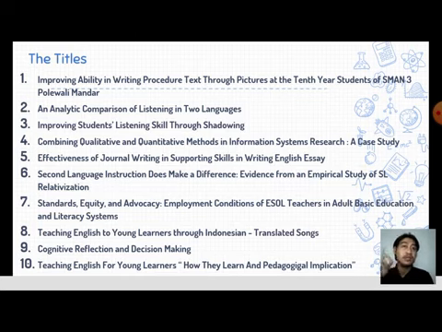The skill is the same: number one is writing and number five is writing too.